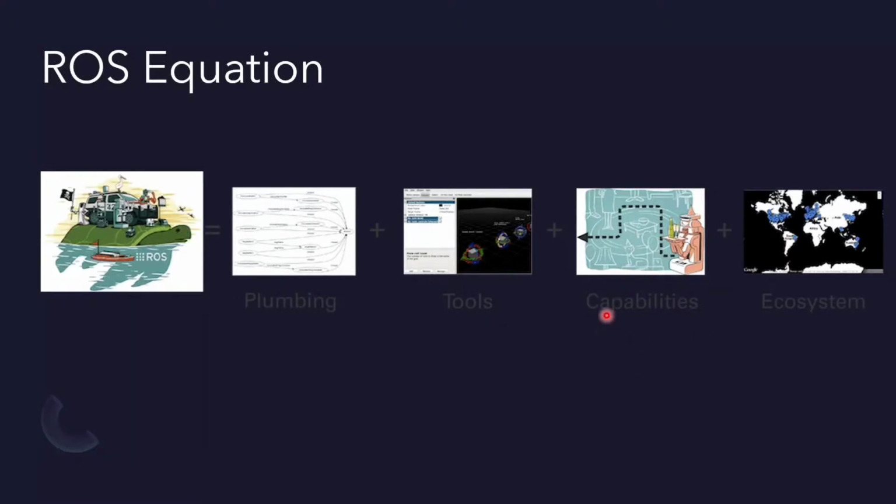On the other hand, capabilities gives you a variety of capabilities like navigation, mapping, manipulation. It has many libraries that can make you capable of doing these things. And last but not least, ecosystem generally means that globally thousands of developers are there. It's an open source system. So these are the components of the ROS equation.